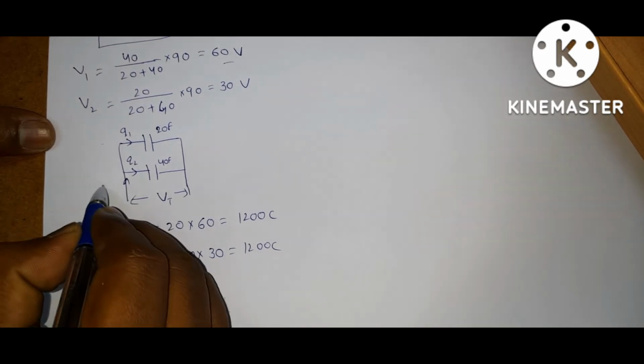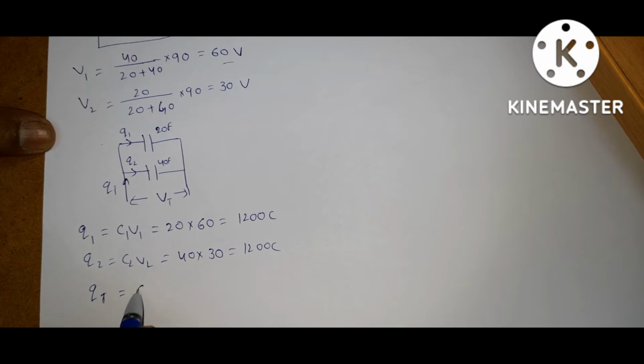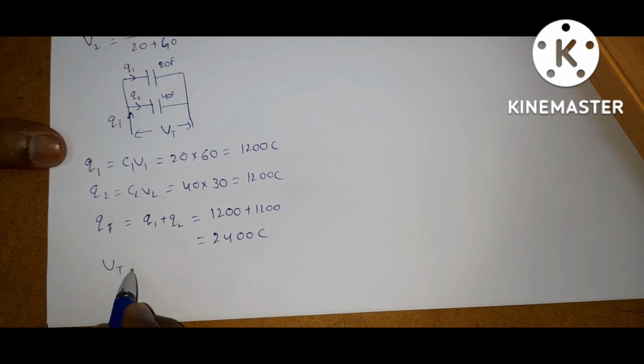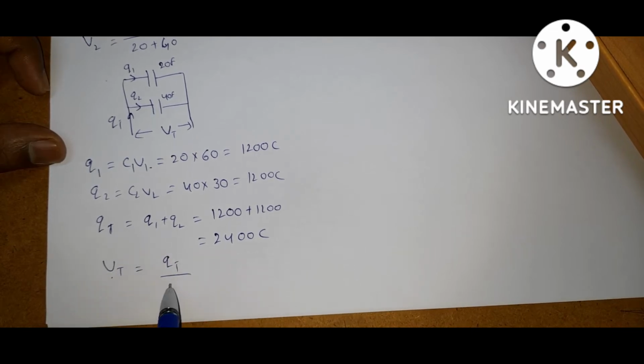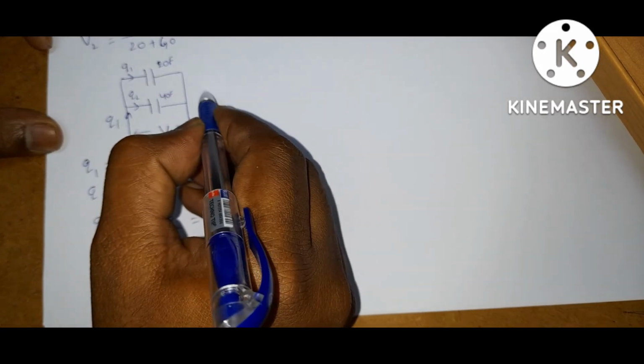Now what is the total charge QT? Total charge QT is equal to, by KCL, Q1 plus Q2. You will get 1200 plus 1200, 2400 coulombs. What is the voltage? V is equal to QT by CT. Two capacitors are connected in parallel. What is C equivalent?